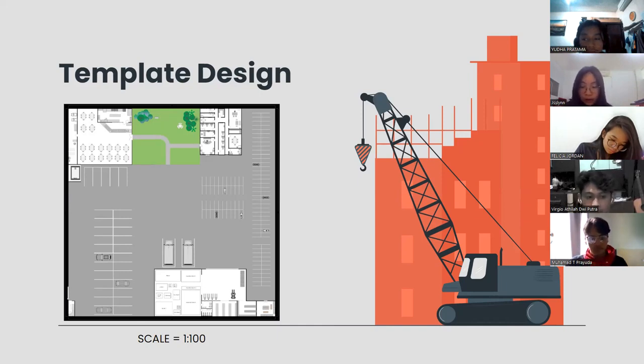The layout here is mostly divided into two. The upper part consists of office, green area, cafeteria, healthcare, and mushola, while the lower part consists of production floor, restroom for operator, shipping and receiving, storage, warehouse, and locker room.